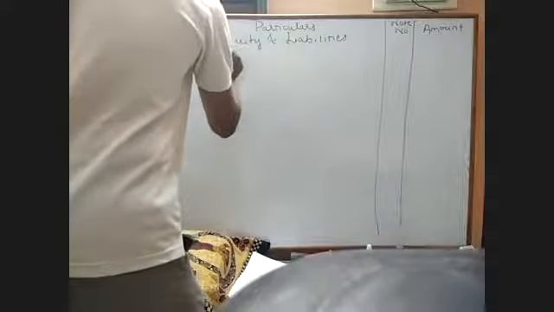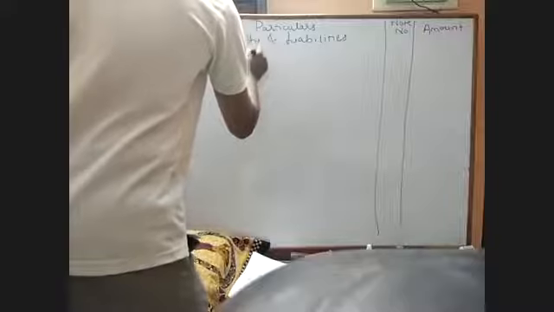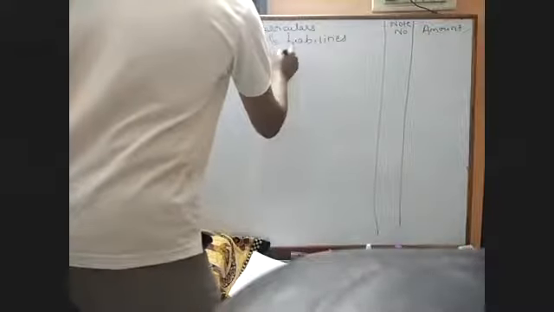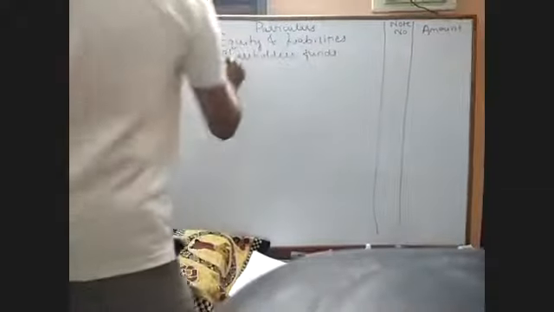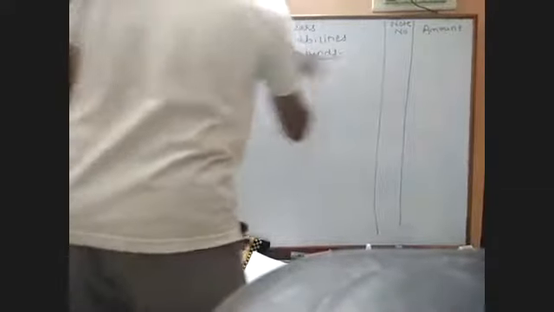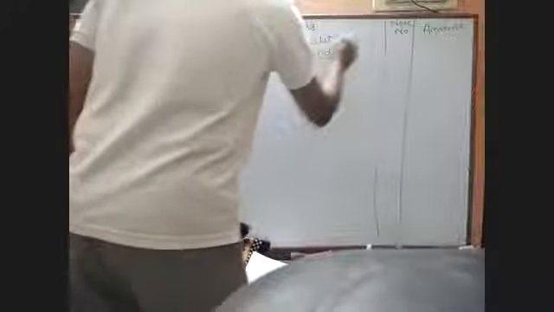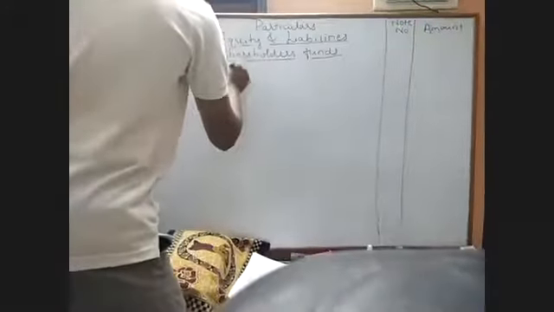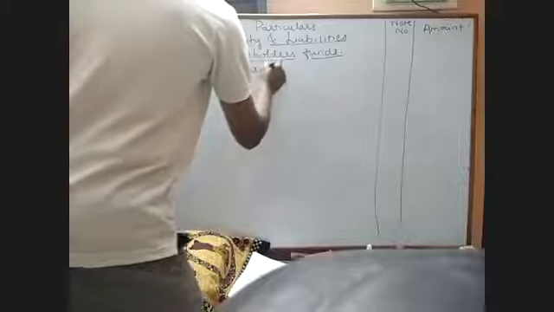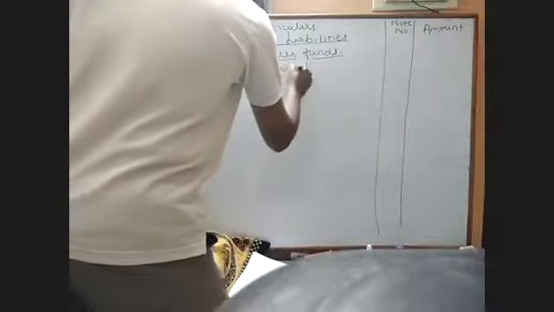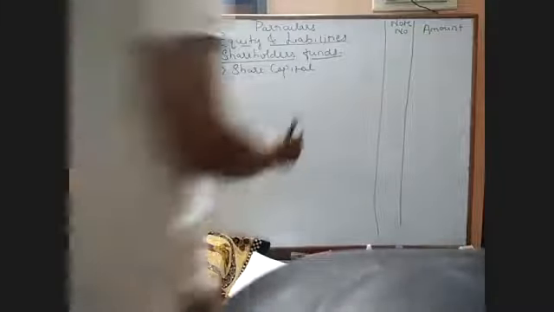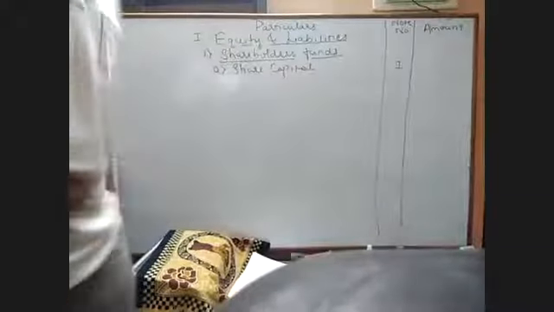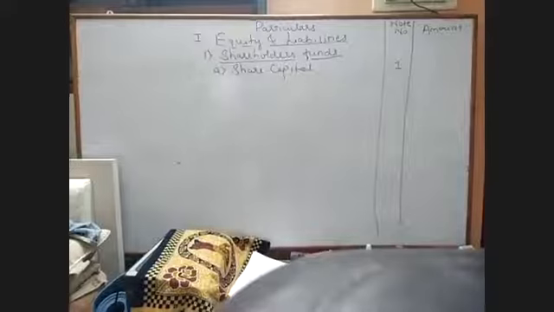Under that, number 1 is shareholders funds. Under that, A is share capital. As we have more than one item, we need to prepare a working note for share capital. That will be working note number 1.